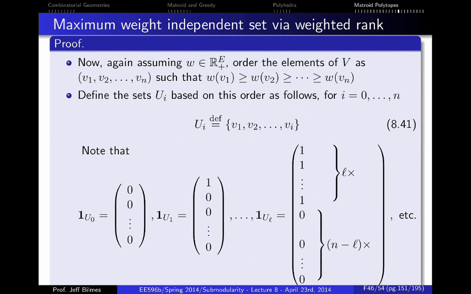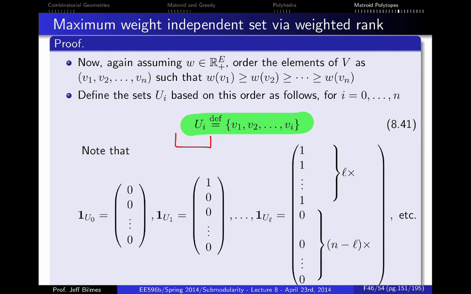And we're going to define these sets U_i as chains defined according to this order. So in other words, U sub i is the set of the first i elements according to this order. What this means is that U_i is dependent on the W vector, although we don't explicitly write that.